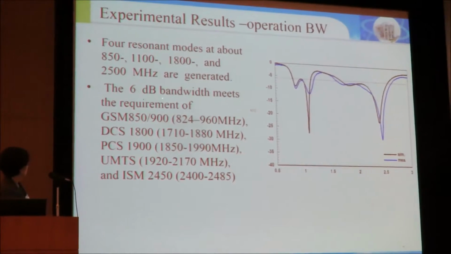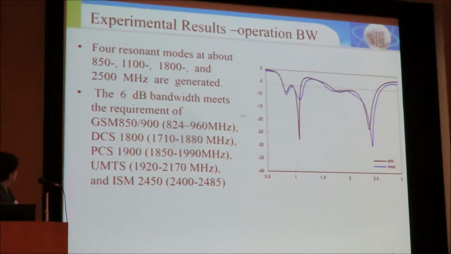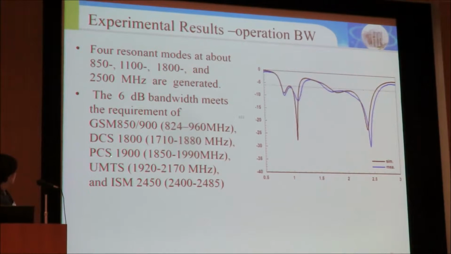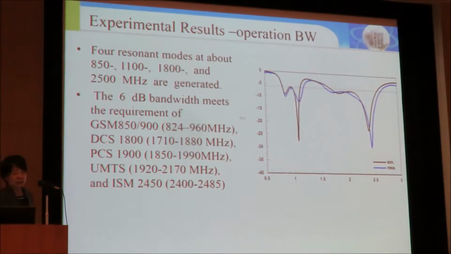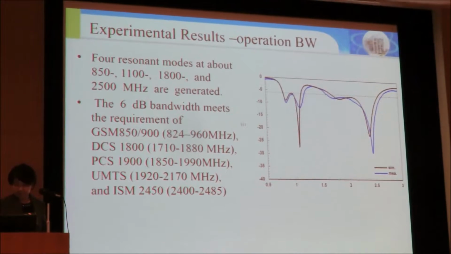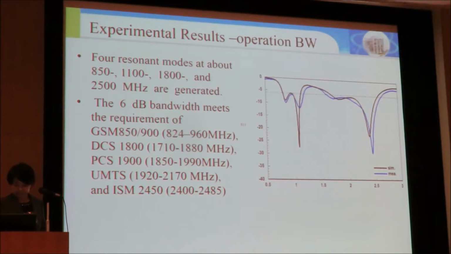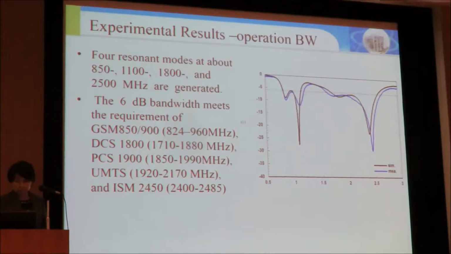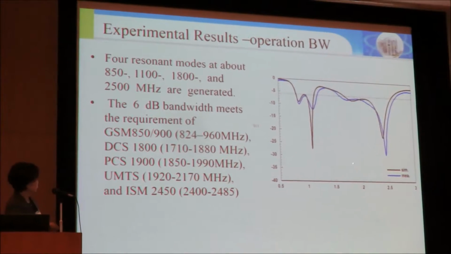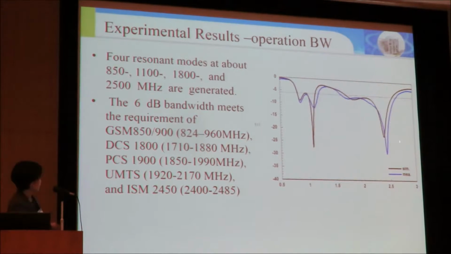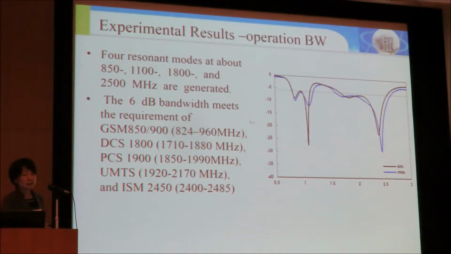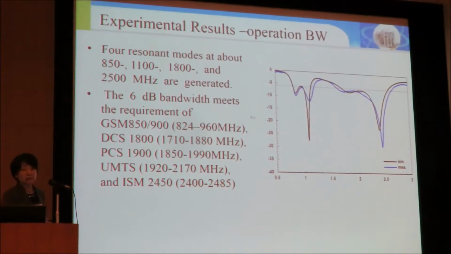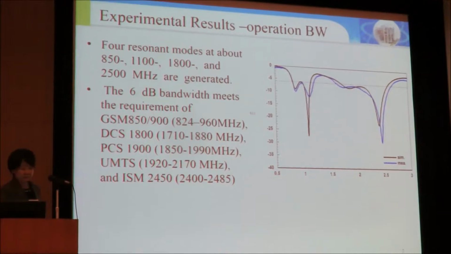And the 6 dB bandwidth meets the requirements of GSM, DCS, PCS, UMTS, and ISM bands. Also, these two curves represent the simulation and the measurement. We can see the agreement between both.